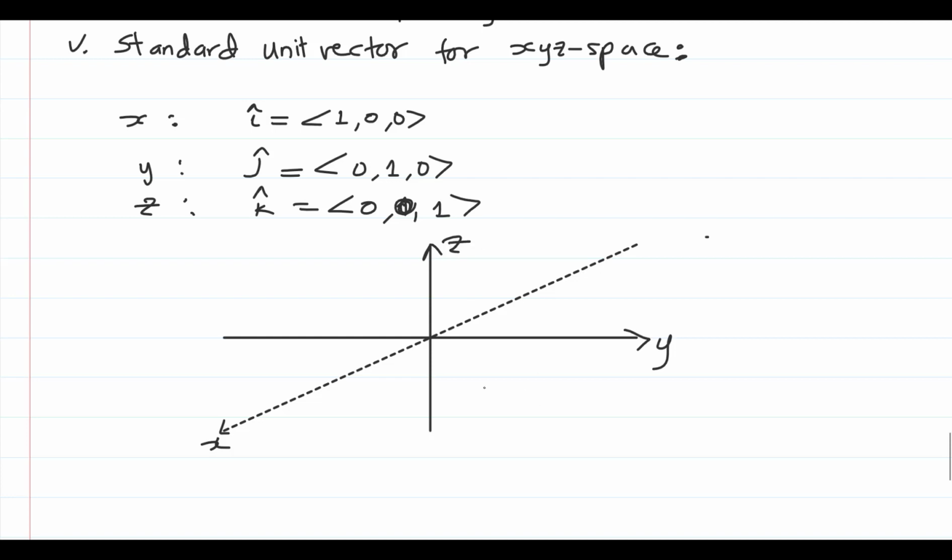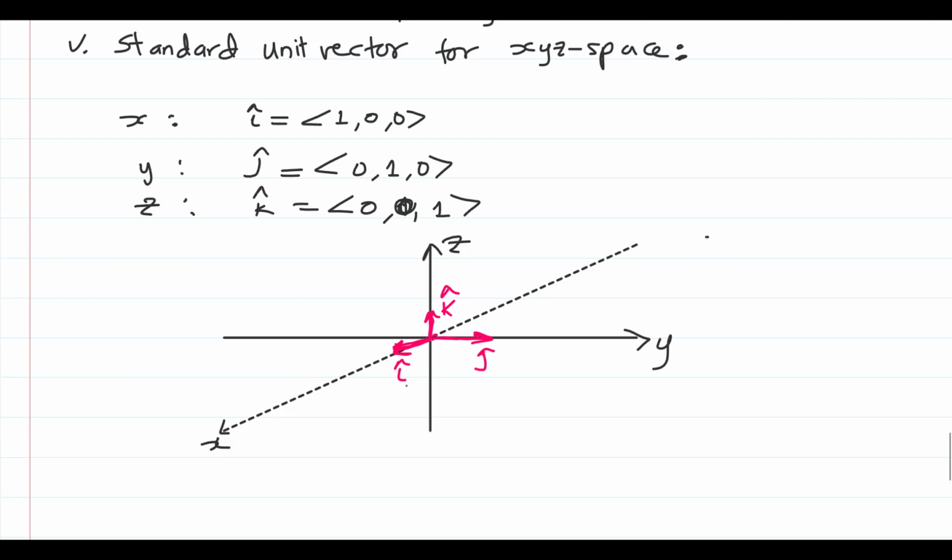Then we have a vector in the x direction of length 1, that will be our i. We have a vector along the y direction of length 1, that is our j. We have a vector in the z direction of length 1, that is our k. So that's basically how we represent it.